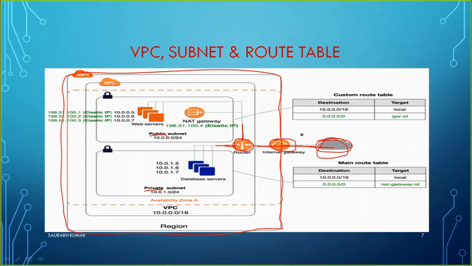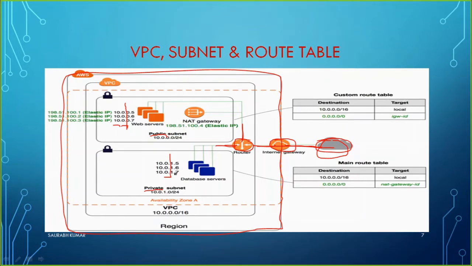So here you see on the router what custom or main route table we have. The main route table has 10.0.0.0/16 as local. So if anything starting with 10.0 goes, /16 means after two groups, whatever is there doesn't matter. If you check this one and this one, the first two groups are almost the same, so they can directly talk to each other; that is the local network.